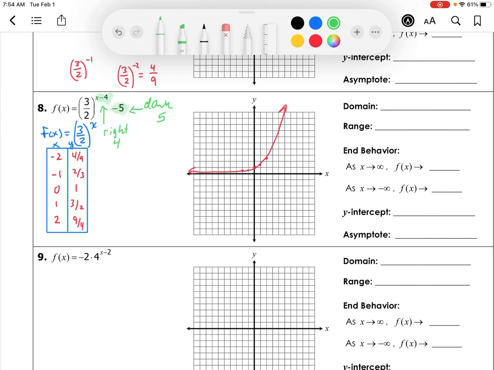So the -4, that right 4, is going to affect the x values. The -5 is going to affect the y values. So for all of these, let me highlight that instead. For all these, we need to go right 4. And for all these, we need to go down 5. Our new table is going to look like this. Right 4, so that means I'm going to add 4 to all my x's.